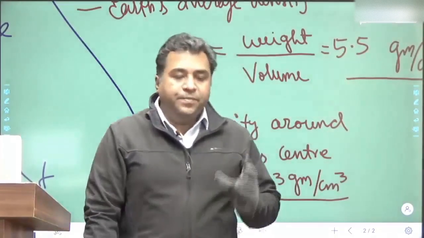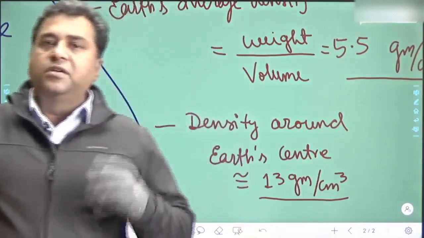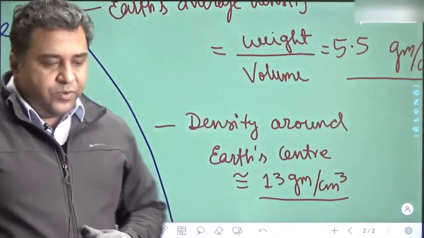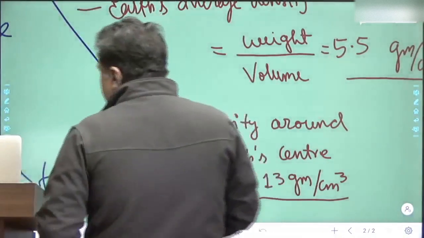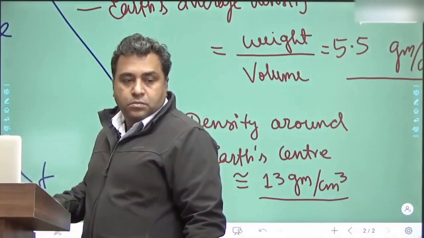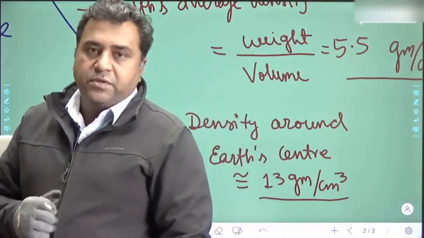Okay, so you know the temperature at the Earth center, 5,500 degrees Celsius. You know the density at the Earth center, around 13 grams per centimeter cube. I hope you get it. 13 grams per centimeter cube, right? Full stop.